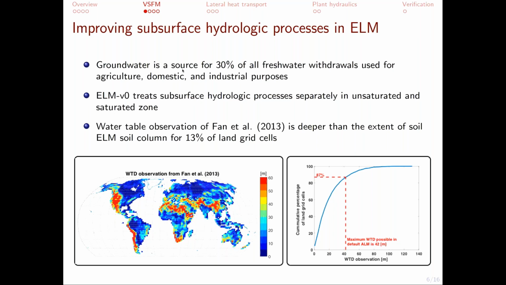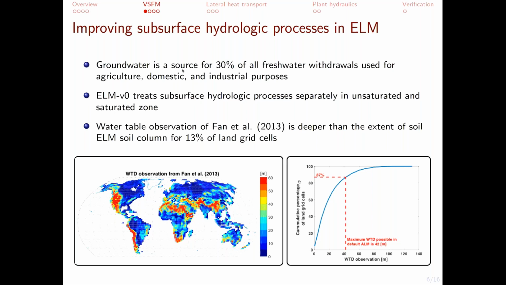The figure on the bottom left is an estimate of water table depth globally. And as you can see, there are a lot of parts of the world where the water table is really very deep, deeper than 60 meters.